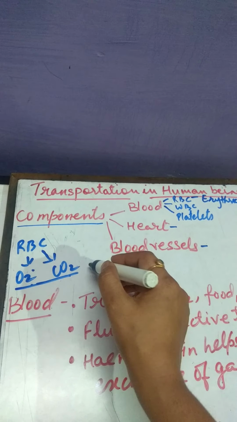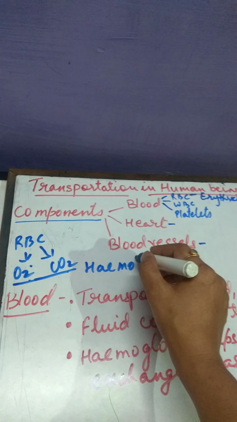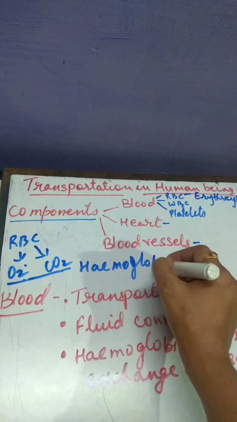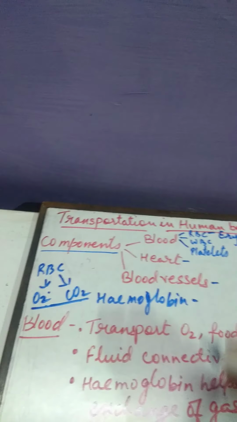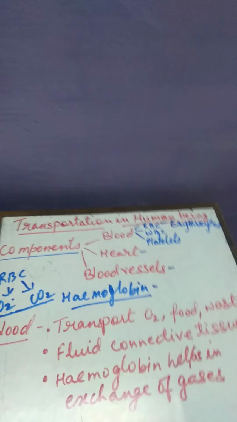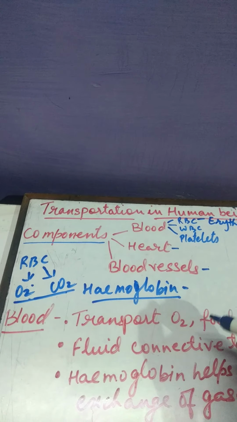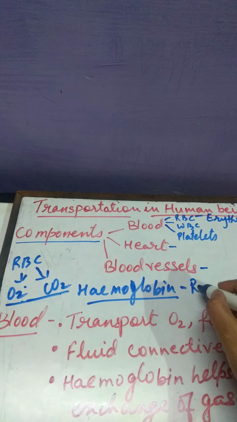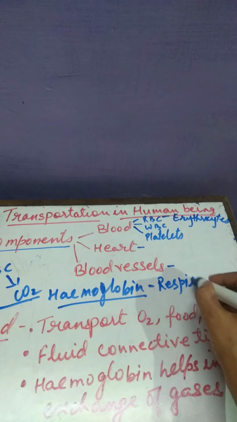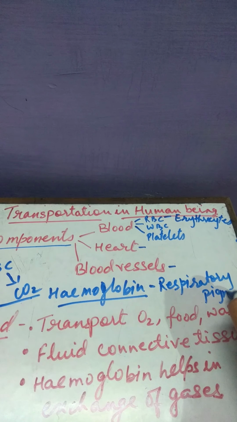So, how does it enter the blood? This happens due to the presence of hemoglobin in RBC. Due to the presence of hemoglobin only, blood is red in color. So, hemoglobin is also known as respiratory pigment.